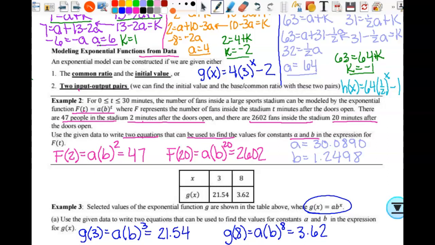Another way to do it, which would be a reflection in the y. So think about that. This right here is a decay, right? So we know it looks something like that. And if I made this 2 to the negative x, it would be growth, but then it would be reflected in the y-axis, so it would still look the same. They all just look the same.